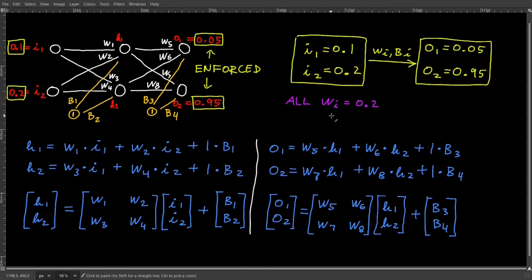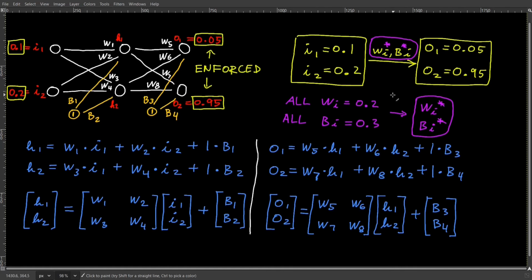Let's say all W's will be 0.2 and let all B's be 0.3, and then we will use some kind of iterative numerical algorithm to iteratively change them so that they would converge to the required values of weights and biases that would correctly, or at least approximately, map these inputs to the desired outputs.